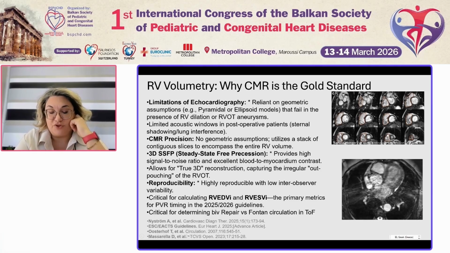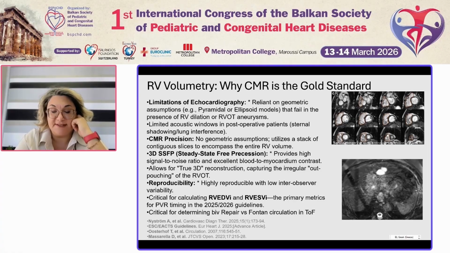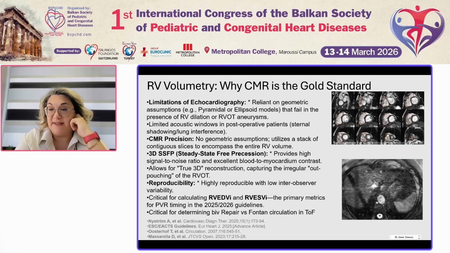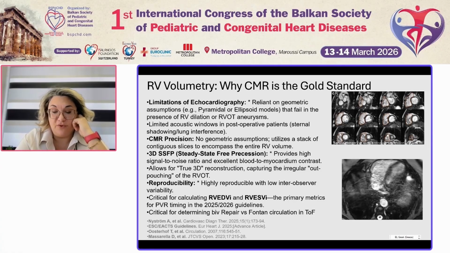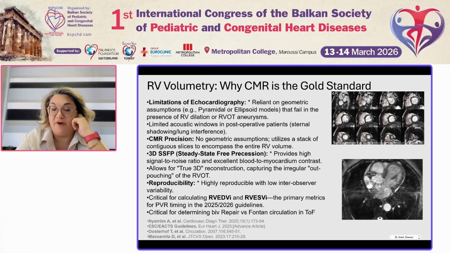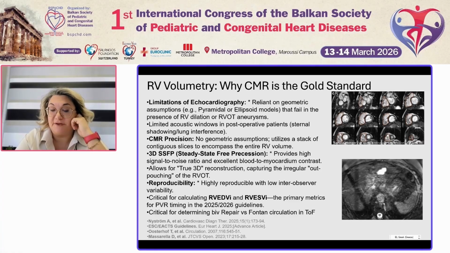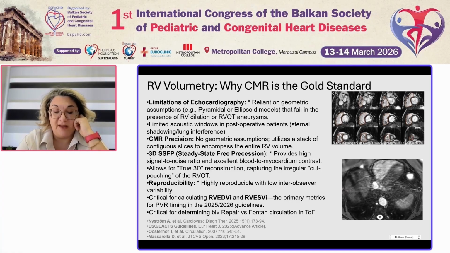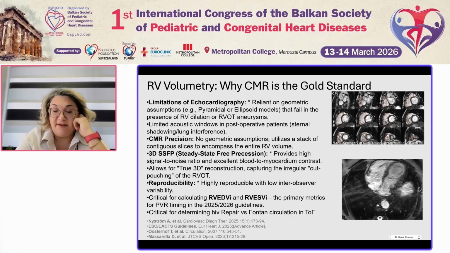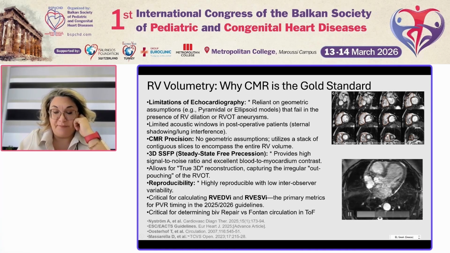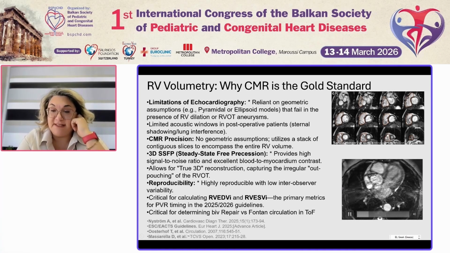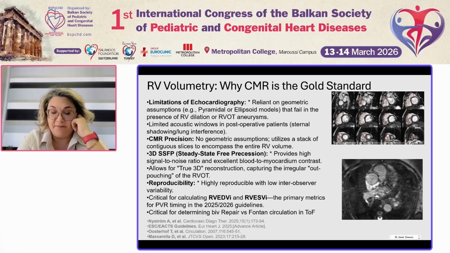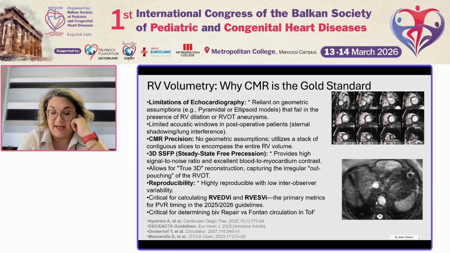This is clinically crucial because indexed parameters such as end-diastolic and end-systolic indexed volumes are now key metrics used to determine the optimal timing of pulmonary valve replacement before irreversible RV dysfunction develops. As you can see here in these 3D SSFP images, CMR embraces the entire RV by utilizing a stack of continuous slices.